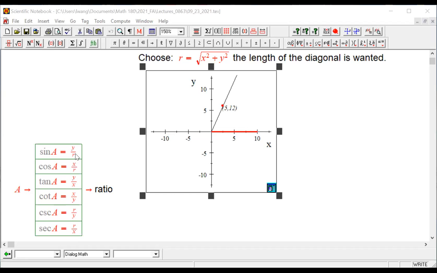How do we find sine in this case? Well, we first have to find r, right? What is r equal to? Can you guys get your paper and pencil and work with me? This is 5, and this is 12, right? So 5 squared plus 12 squared.